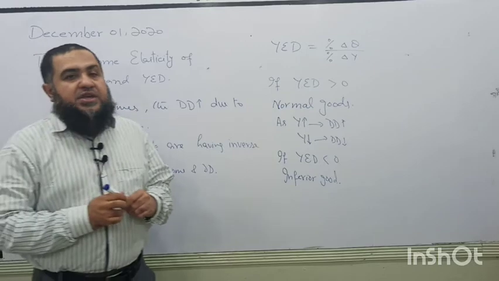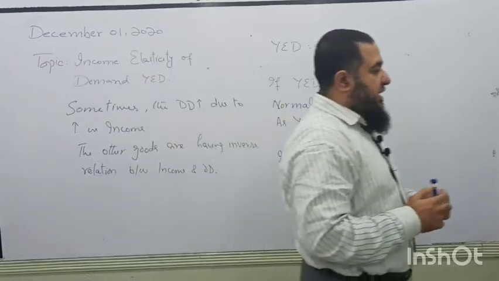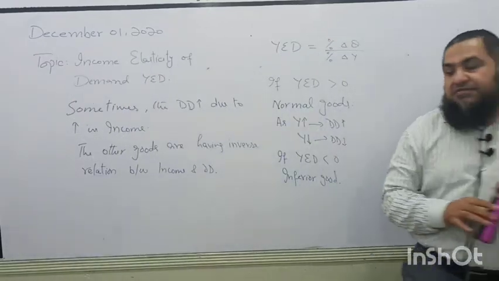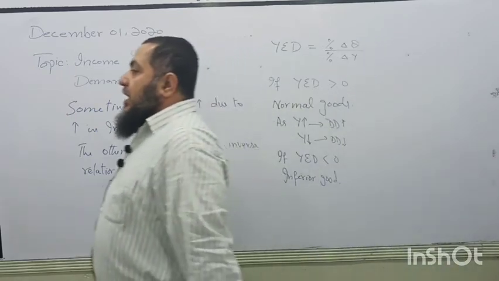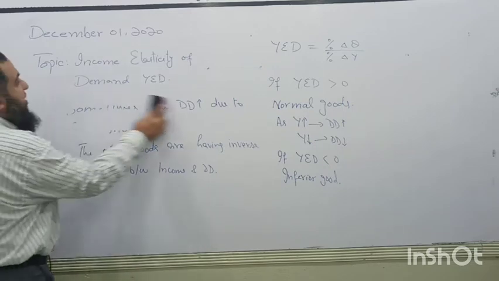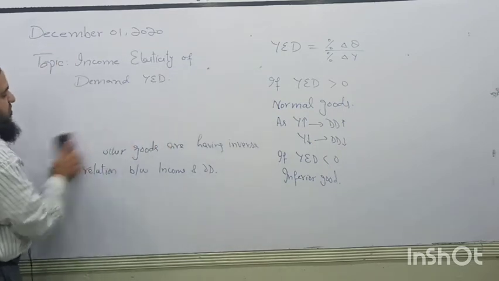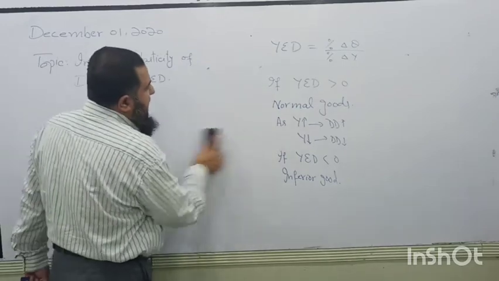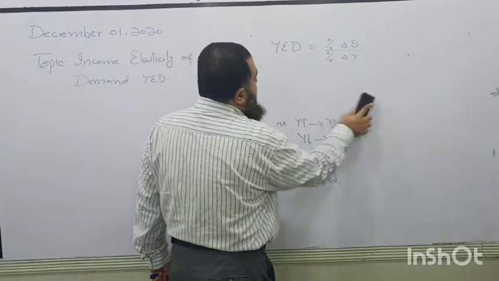Now we are going to measure the income elasticity of demand by using different values, and see whether it will be income elastic, income inelastic or unitary income elastic. So I am taking different cases to measure the income elasticity of demand for different goods.